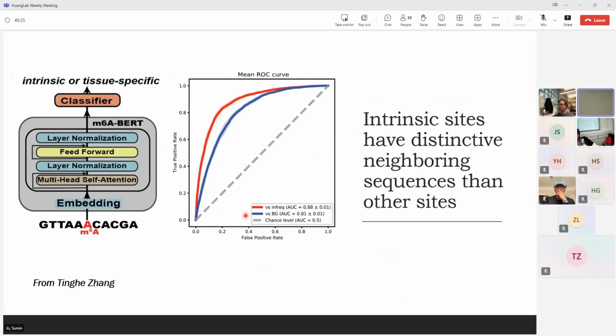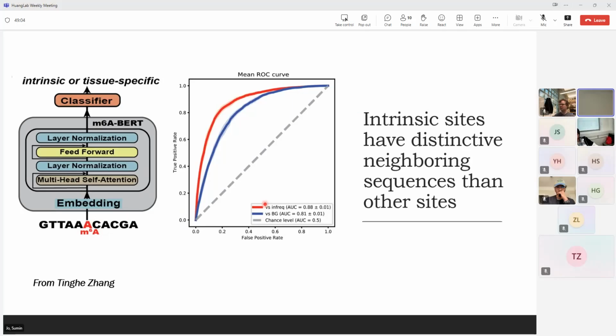This is the last feature, a sequence-level feature comparing the infrequent sites and intrinsic sites. This was analyzed by Tinga, who fine-tuned his M6A BERT model to classify the sequence from the upstream and downstream 150 base pairs of the intrinsic sites and infrequent sites, and then this classifier classifies whether it is an intrinsic sequence or an infrequent sequence.